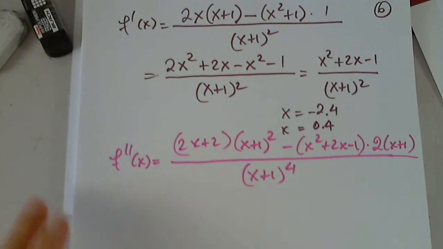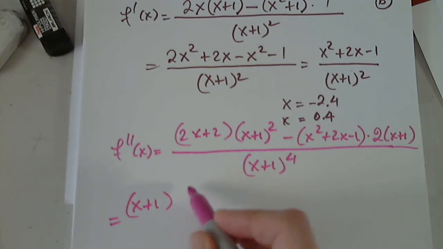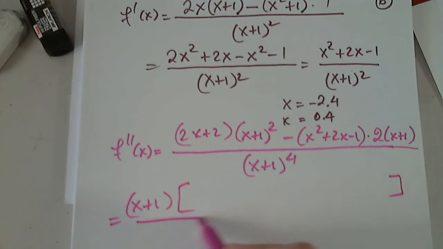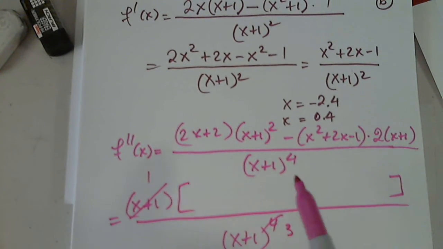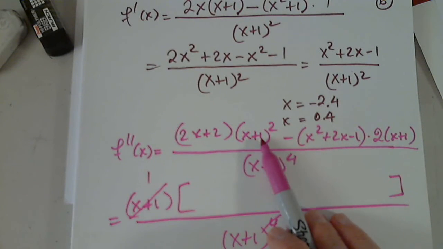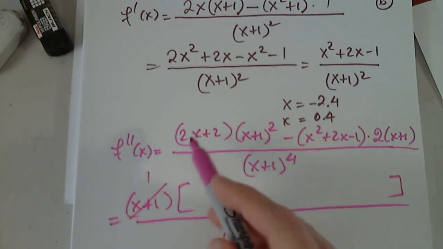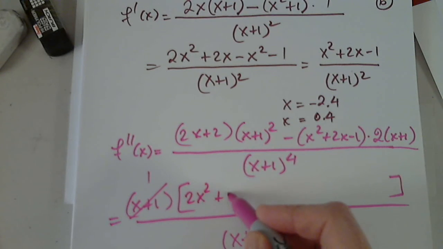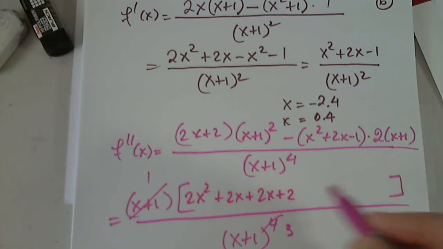I can factor out an x plus 1, and I will absolutely do it immediately. Okay, so you have an x plus 1 times this. So 2x squared plus 2x plus 2x and plus 2.